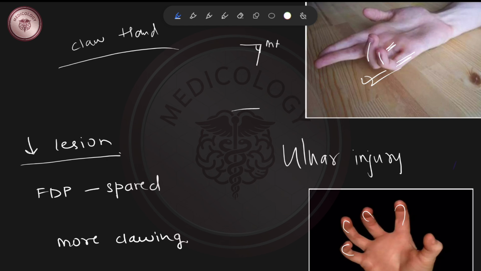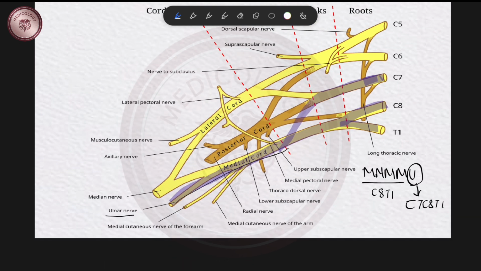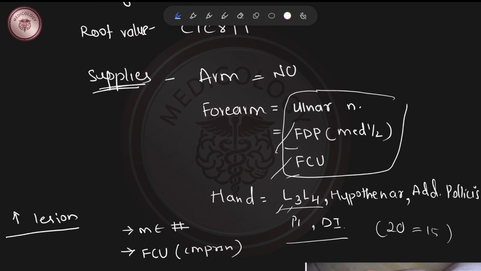So what we have learned is that the root value of our ulnar nerve is C7, C8 and T1. It arises from the medial cord and supplies the arm and hand. In the hand, it is the dominant nerve, and in the forearm, it supplies only two muscles, the medial half of FDP and the FCU.